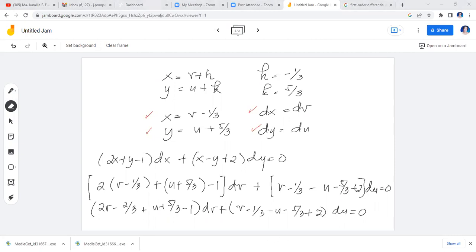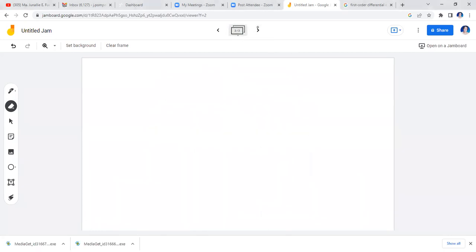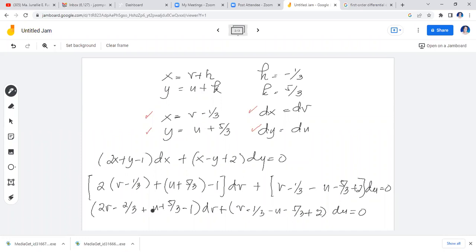So we have this, then we're going to simplify our coefficients. You have 2v plus u. I copied the variables, and the next thing we do is we subtract 2/3 from 5/3. That would be 3/3 or 1, minus 1, so that would be 0. That leaves us with dv.